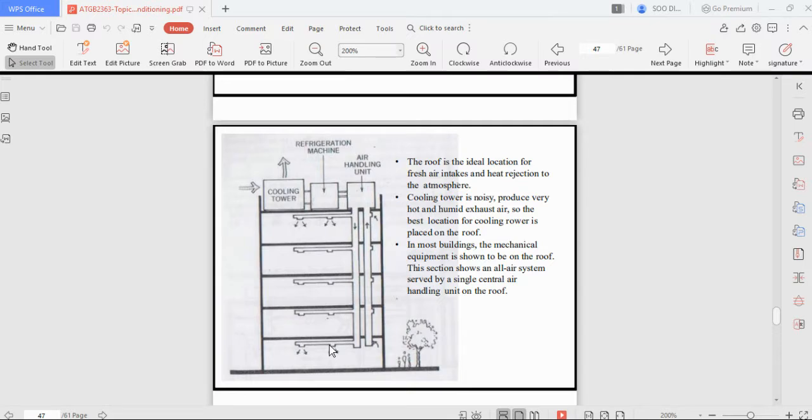Because air by itself is very light. Imagine if you have water or refrigerant tubes going through all these areas.